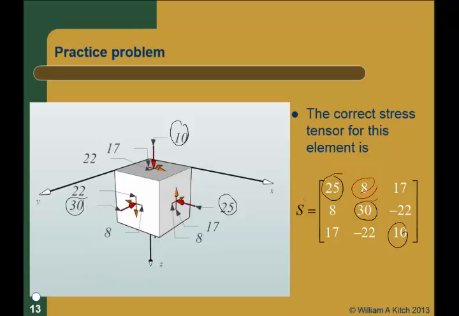Okay, so let me change colors here. This 8 actually appears in 2 places. Let's look at this one right here. This is acting in the x plane, so this is a tau x, and it's acting in the y direction, so this is tau xy. That's the correct place. Now, how do we know that's 8? Is this plane here a positive plane or a negative plane?